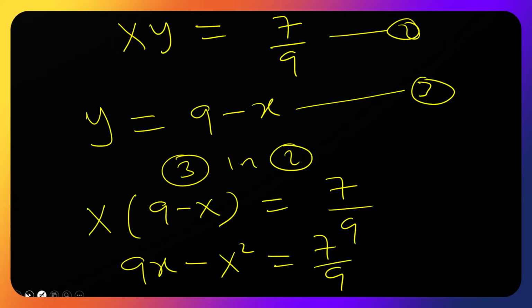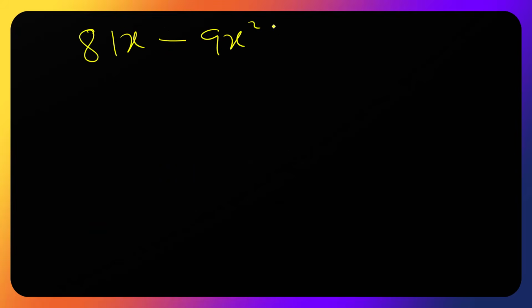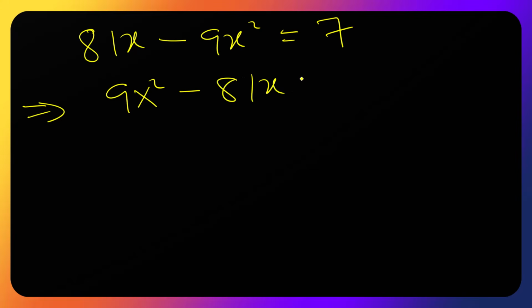That will be 81x minus 9x squared equals 7, and the same as 9x squared minus 81x plus 7 equals 0.